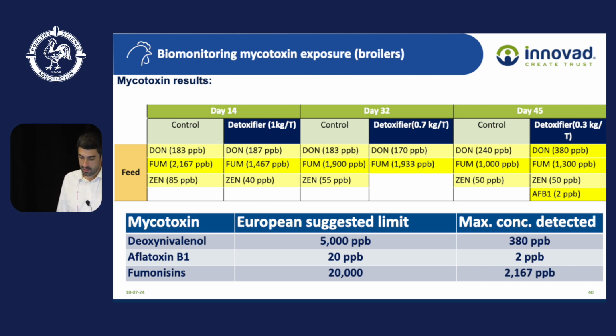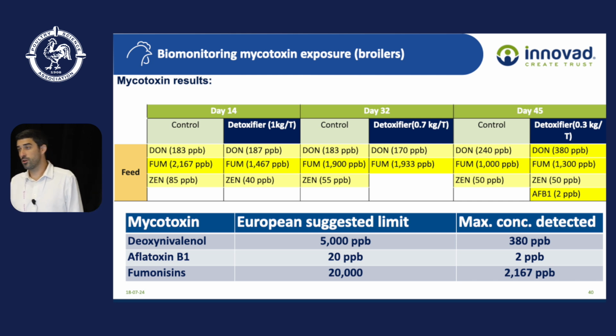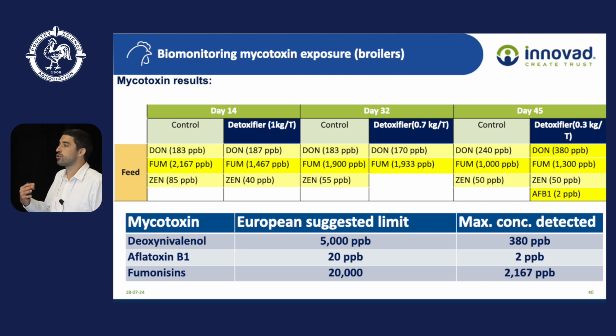Even if we compare the maximum concentrations detected with the limit established in Europe, we see that we are very far from the maximum limit. For example, 380 ppb is the maximum concentration detected in the feed samples when the maximum is 5,000 ppb, or 2 ppb of aflatoxin, the maximum detected, when 20 ppb is the maximum allowed. So considering the feed results, we cannot consider that there was a mycotoxin risk in these farms.